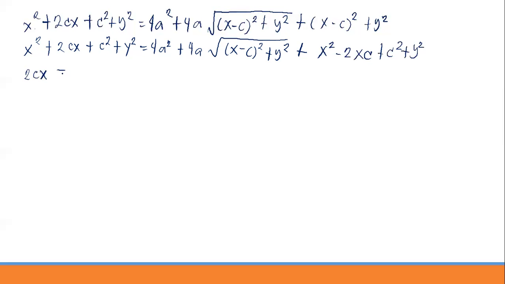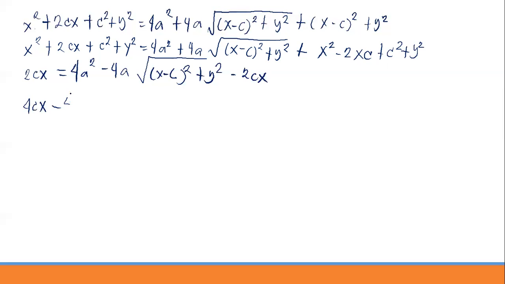So, 2cx is equal to 4a squared minus 4a square root of, okay, plus y squared minus 2cx, okay? And then isolate the radicals. So if we are going to isolate the radicals, this would be 4cx minus 4a squared equals 4a, the square root of, okay, the quantity of x minus c squared plus y squared.